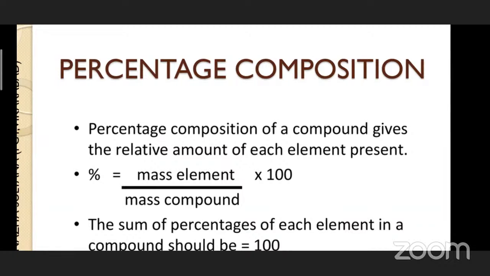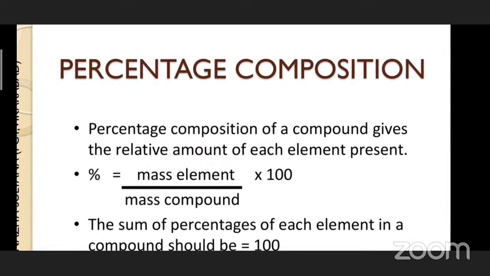For example, if I say water, what is the formula of water? H2O. So what do you understand from that? Water is made up of 2 hydrogen atoms and 1 oxygen atom. So this is the composition of water, hydrogen and oxygen.